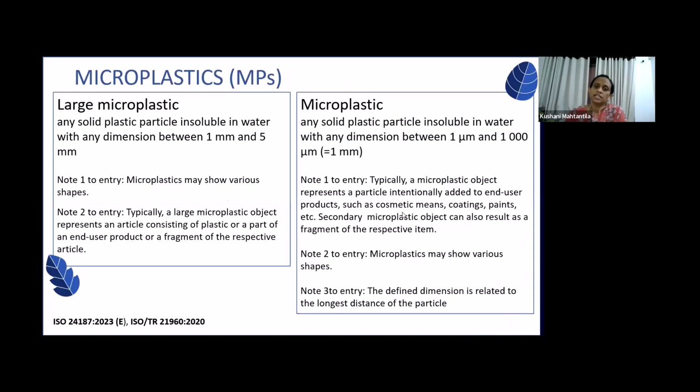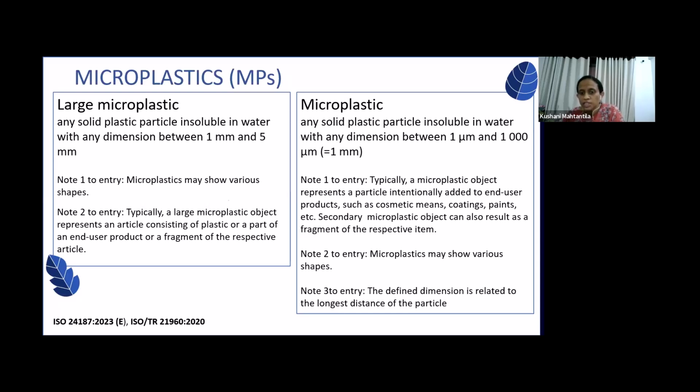So, in different publications, microplastic is defined in various ways. However, I took this definition from the ISO standards ISO 24187 and ISO 21960. They define microplastics and large microplastics as any solid particle insoluble in water with any dimensions between 1 micrometer to 1000 micrometers as microplastic.